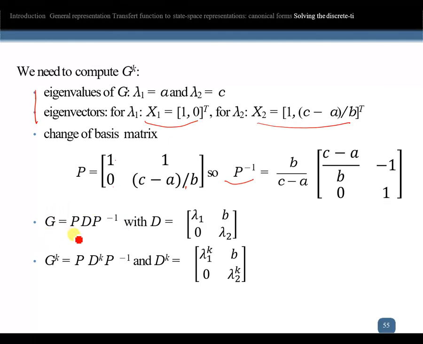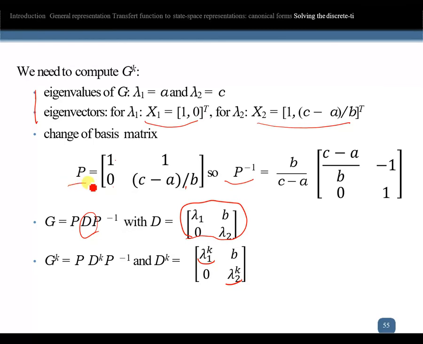G becomes, if you remember, PDP^-1, where D, as you know, is the diagonal matrix of eigenvalues. G^k becomes PD^kP^-1, and D^k has the eigenvalues to the power k. I can repeat again: for finding G, you must find the eigenvalues and eigenvectors.